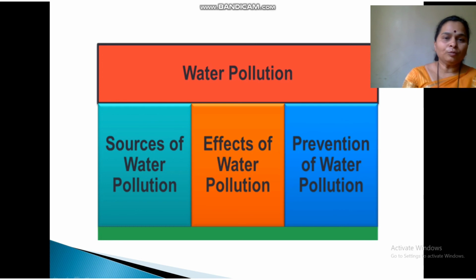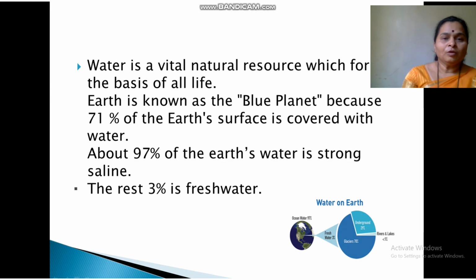Then next is water pollution: sources of water pollution, effect of water pollution and prevention of water pollution. Water is a vital natural resource for all forms of life. Earth is known as the blue planet because it contains 71% water. About 97% of Earth's water is saline water, and the rest, 3%, is known as fresh water, which we are using for various purposes.